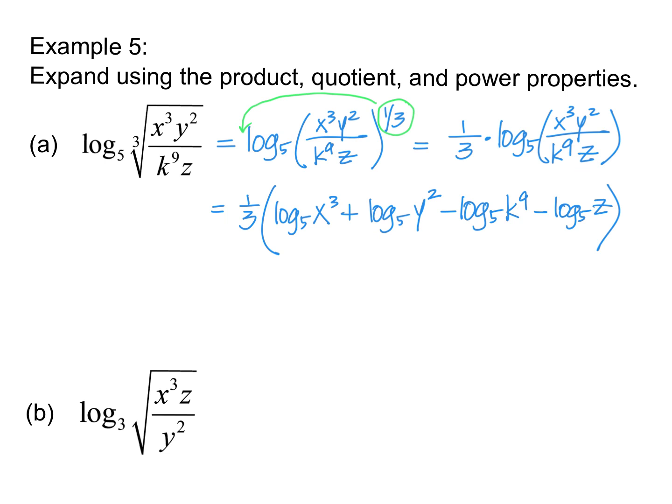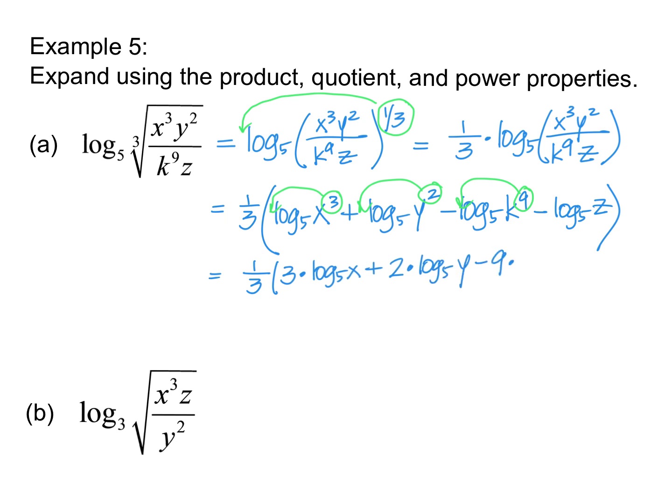All right, now lastly, we are going to move this to the front, move this to the front, move this to the front, and there's nothing to move for that last one. So then our next step is 1/3 times 3 times log base 5 of x plus 2 times log base 5 of y minus 9 times log base 5 of k minus log base 5 of z.